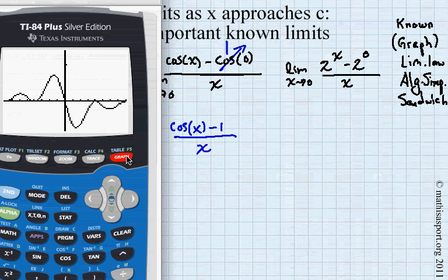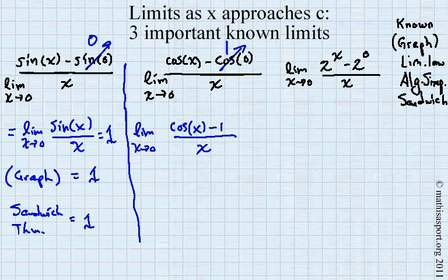Well, again, a fairly interesting looking graph, but as we see using the trace, as we get close to 0, at 0 it's undefined, but just a little to the left of 0, it's 0.13. Just a little to the right of 0, negative 0.13. It might lead us to conclude that its limit, meaning what happens to the height right as x goes to 0, would be 0. But this one, we don't have to just rely on graphing.